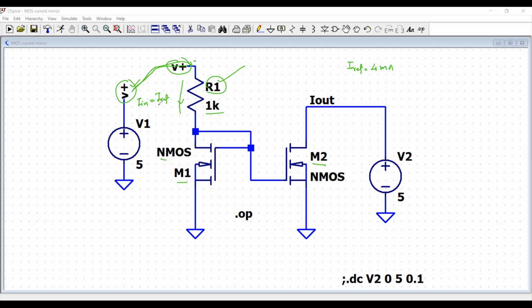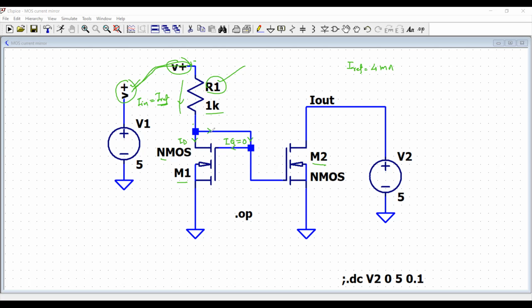So now this I reference is coming right here, which is then split into two parts. One is called ID, which is the drain current through the MOSFET M1, and the other is going into the gate, IG. Since we know that in a MOSFET the gate is insulated, the gate current is ideally zero.